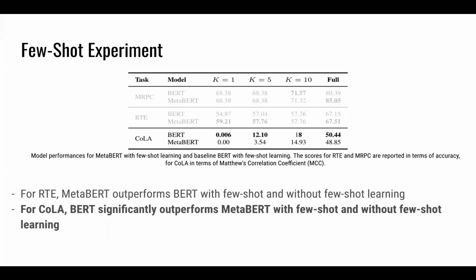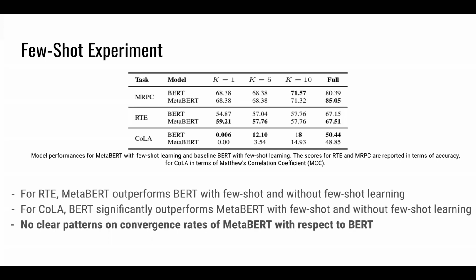This is the one task that we conclude our model is not a good fit for. We also looked at the convergence rates and convergence patterns for MetaBERT with respect to BERT, and we didn't really observe any pattern that would conclude one converges faster than the other. Usually both of these models reach their best performance within 1 or 2 epochs of one another.